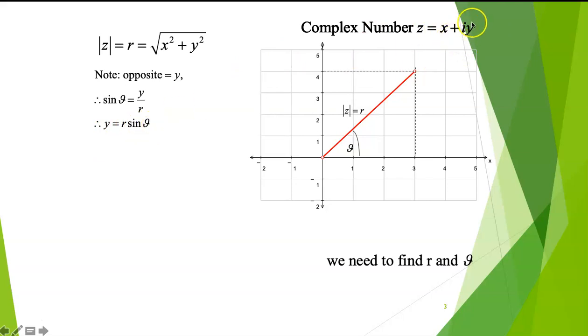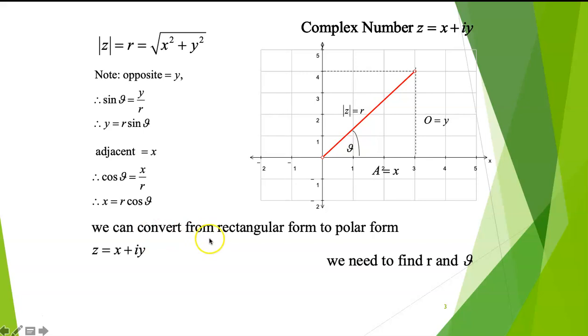You can see that y is the imaginary component and it's equivalent to r sine theta, and x, the real part, is actually r cosine theta. So this is how you can convert. If you know theta and r, you can convert it back to rectangular.